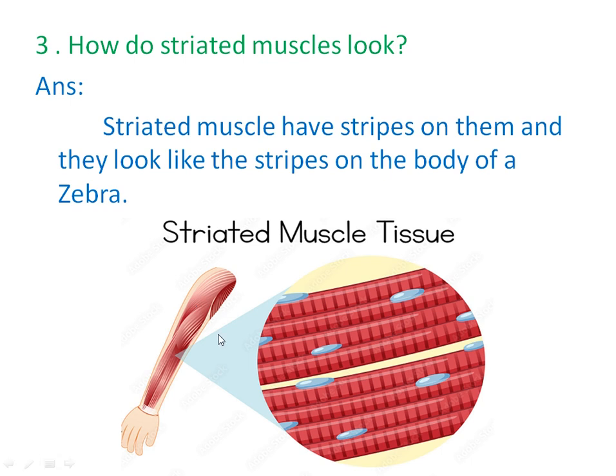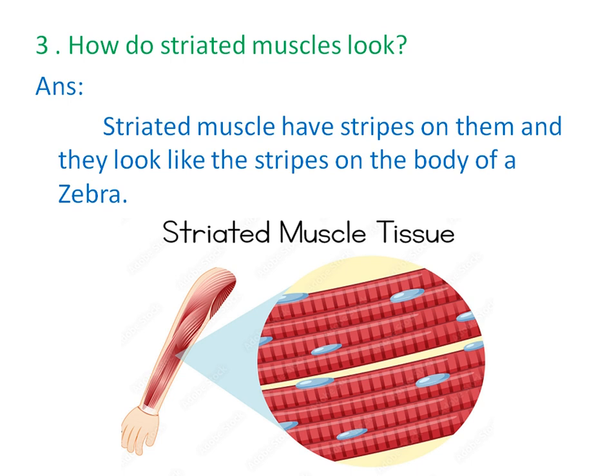Striated muscles have the stripes on them. These lines are the stripes. Okay, the striated muscles have the stripes on them, and they look like the stripes on the body of the zebra. These are the stripes.